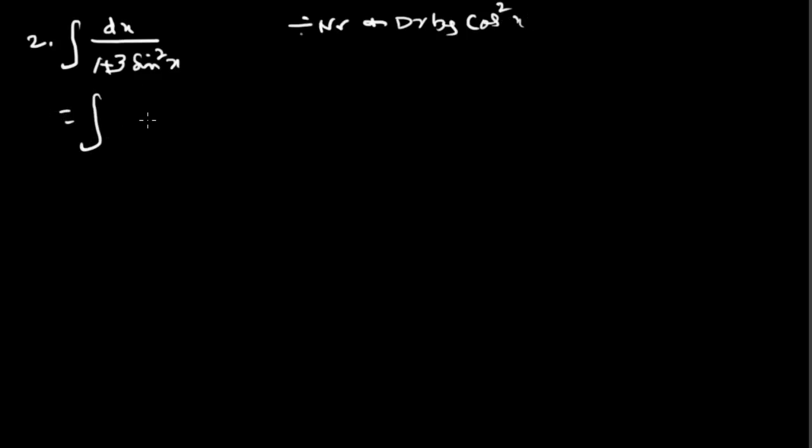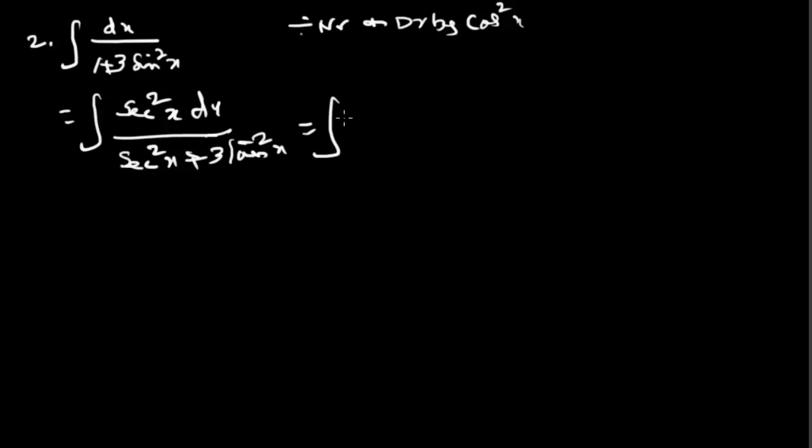Integral dx by cos squared x is secant squared x into dx, divided by 1 by cos squared x, which is secant squared x, plus 3 sin squared x by cos squared x, which is 3 tan squared x. Now the numerator you keep like that only, secant squared x dx. In the denominator secant squared x is 1 plus tan squared x, and tan squared x plus 3 tan squared x is 4 tan squared x. So totally it becomes 1 plus 4 tan squared x.